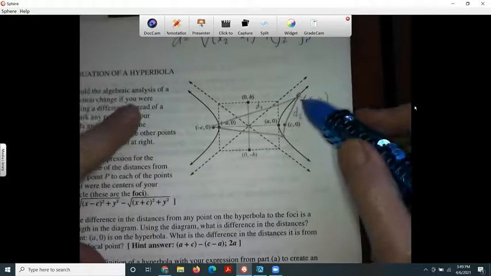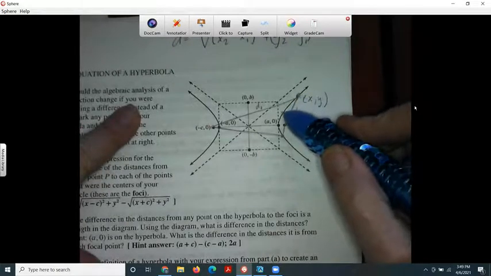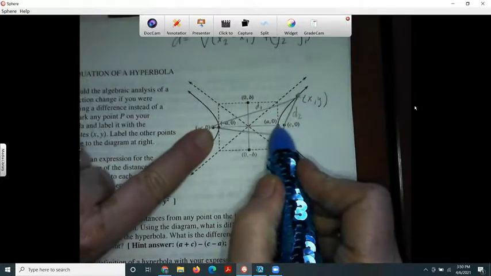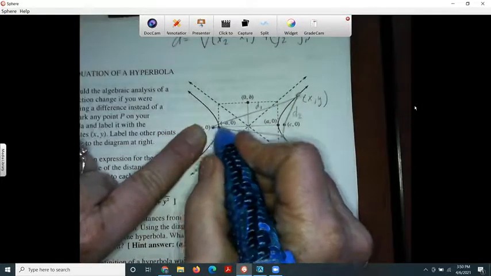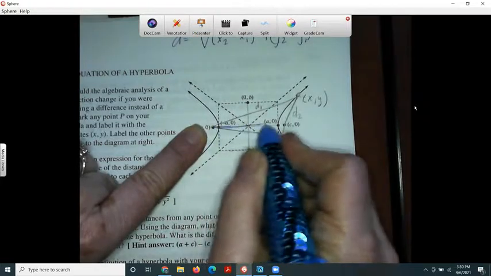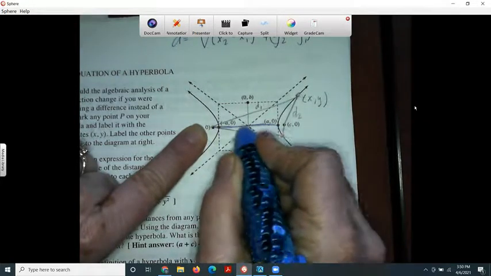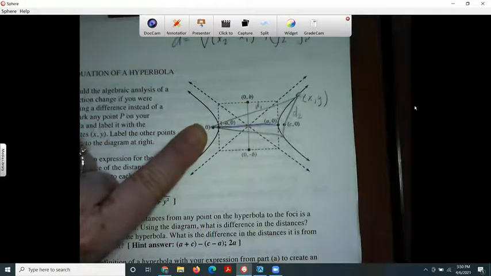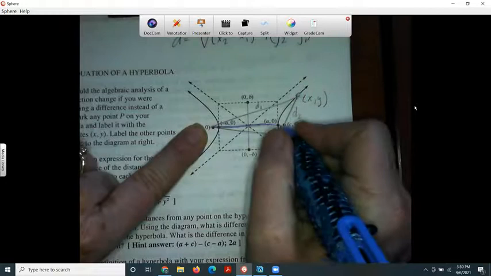Because if I move this point down, down, down, all the way down to there, then I would have this distance, I don't know if you can tell it's blue, minus, well, I want to make this one yellow, this distance.